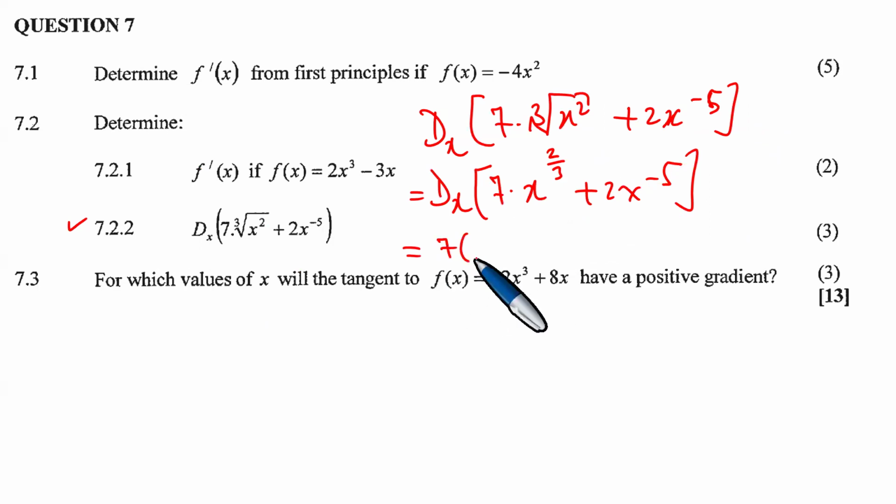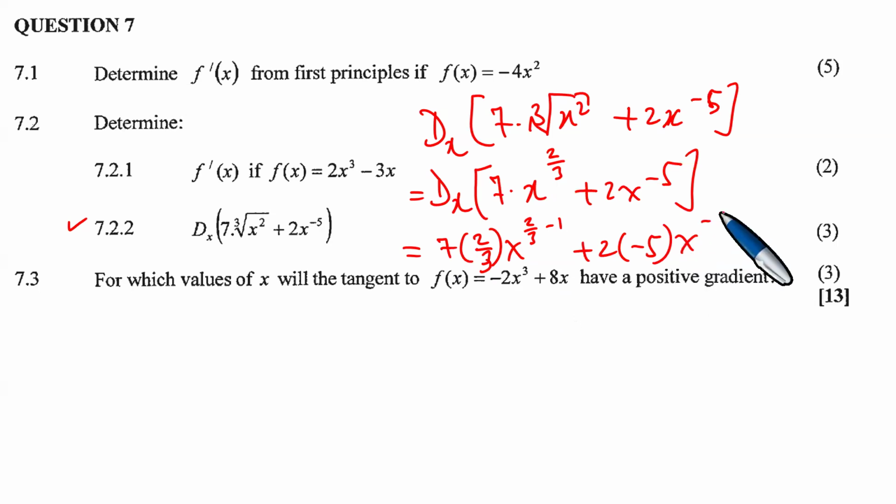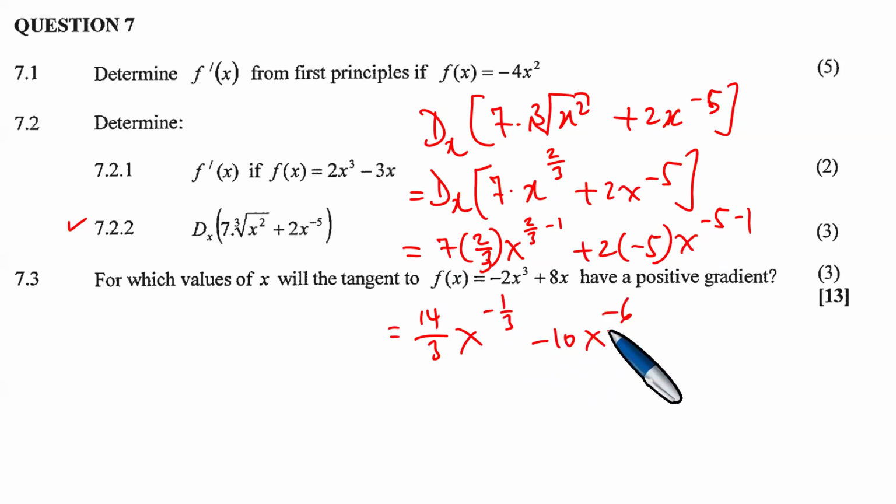So now it is 7, 2 over 3, and then you subtract 1. So you have 2 over 3 minus 1. Plus 2, you bring down the minus 5 and you subtract 1. Meaning 7 times 2 over 3 is actually 14 over 3x. Subtract 1 here, which is minus 1 over 3, minus 10x to the minus 6.